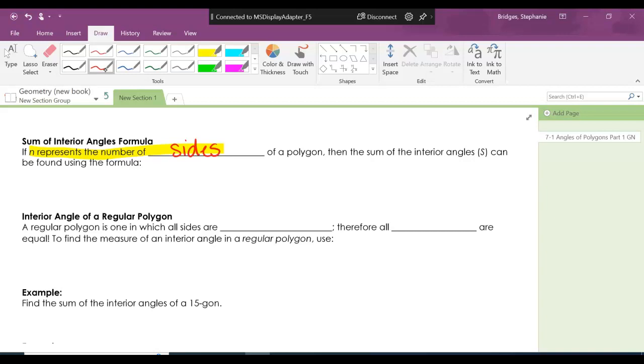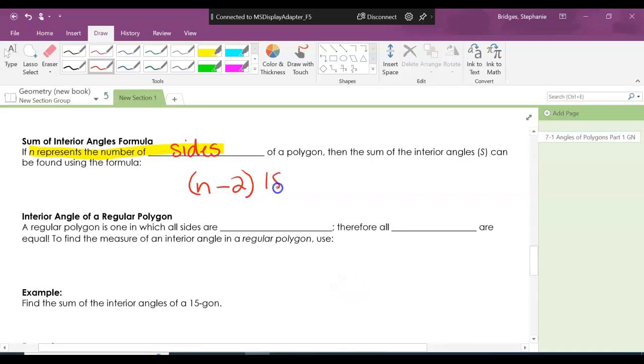Then we can find the sum of the interior angles by this formula right here. We take n, how many sides we have, minus 2, and you'll notice I'm putting that in parentheses. My number of sides minus 2 tells me how many triangles I have.